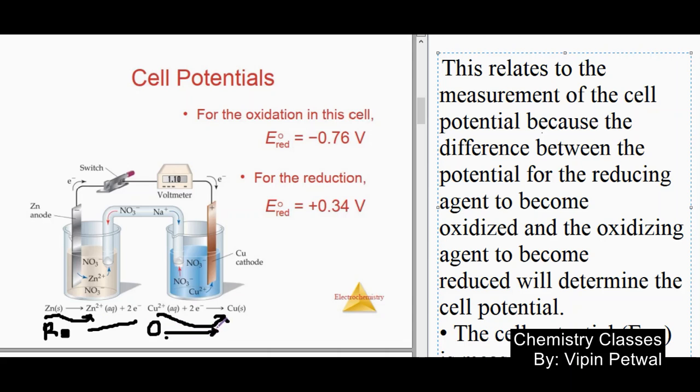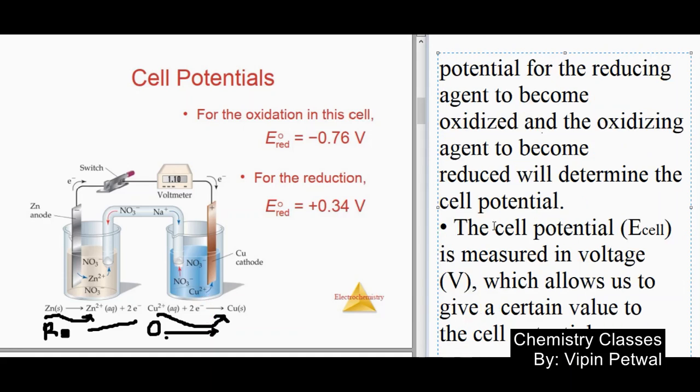So this potential difference, of one to get oxidized and the other to get reduced, when it is measured, we get the cell potential. Is it clear? So simply the cell potential E cell is measured in volts, V, which allows us to give a certain value to the cell potential.